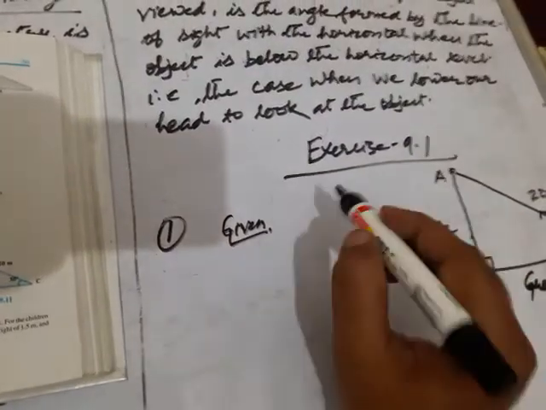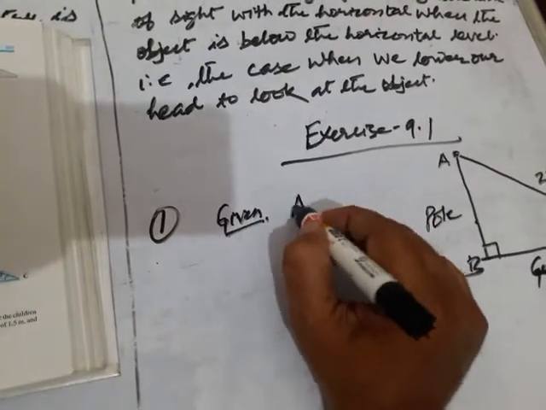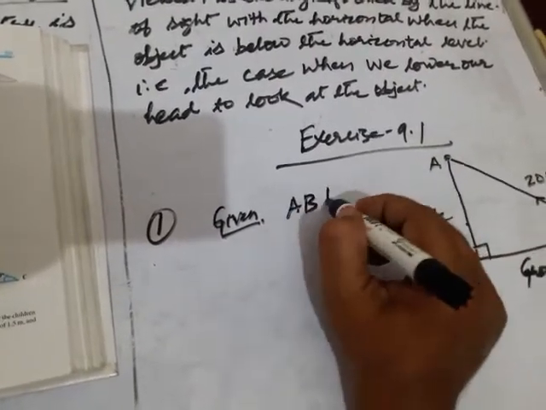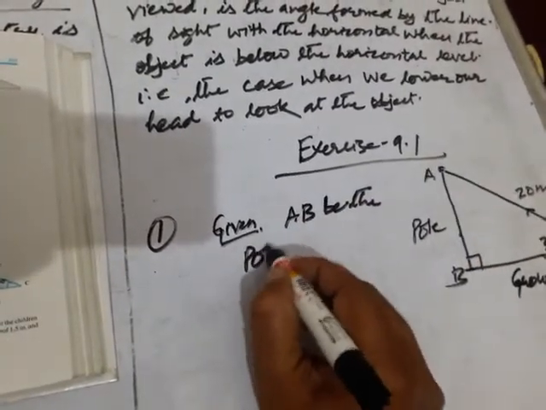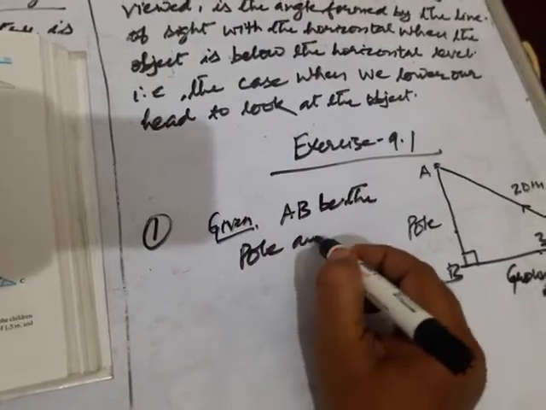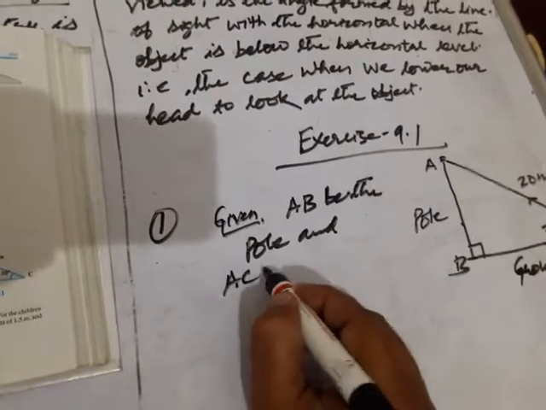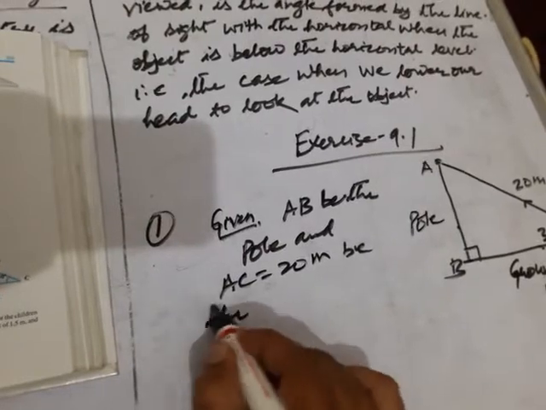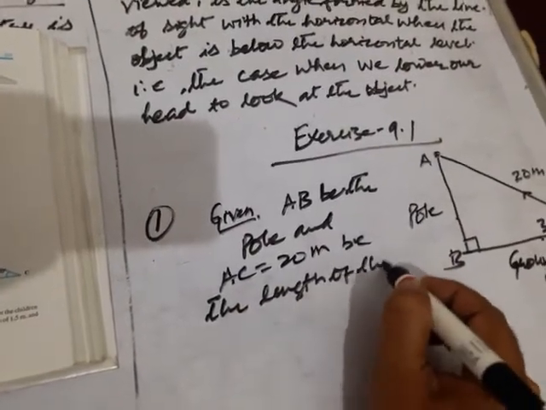Given: AB is the pole, AC equal to 20 meter is the length of the rope.